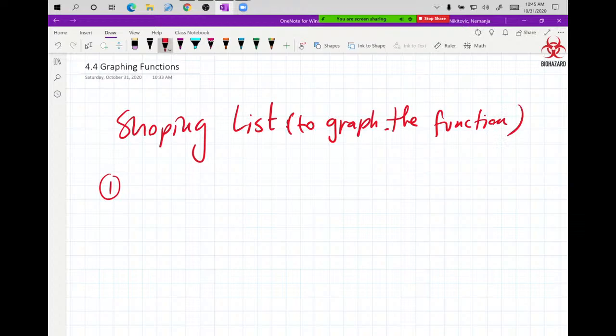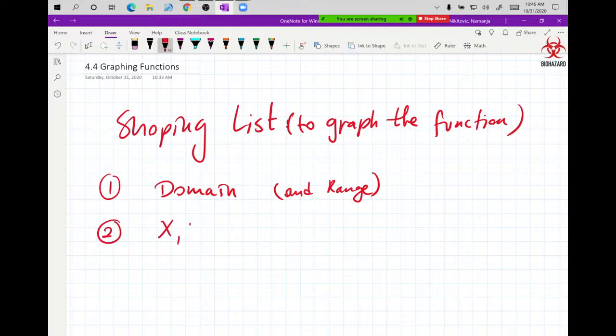There we go. So what is on the shopping list? Well, number one is domain. We could find range, but it's not necessary. Number one, domain. There is no talk about that.